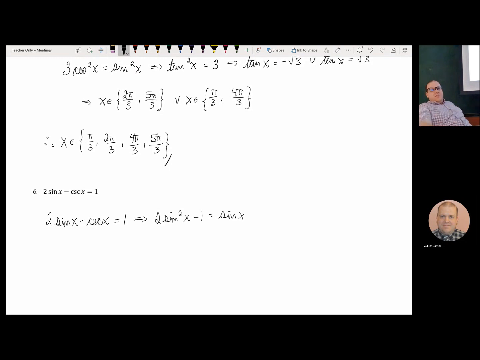Or factor out the 1 over sine and multiply both sides. Same thing. That means that 2 sine squared minus sine minus 1 is 0.